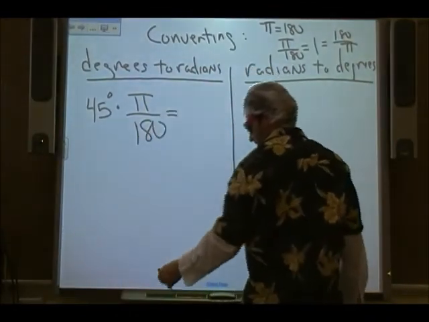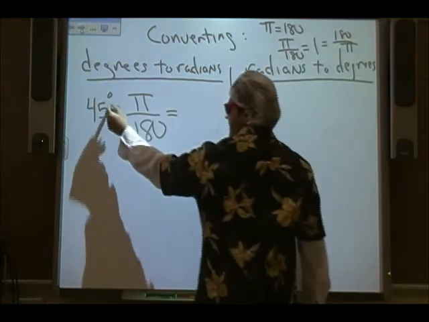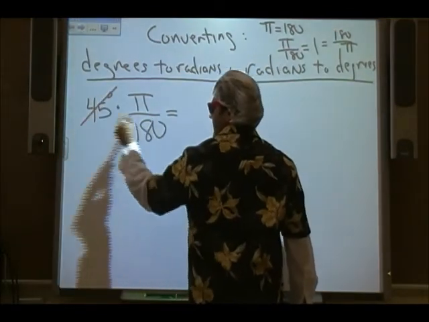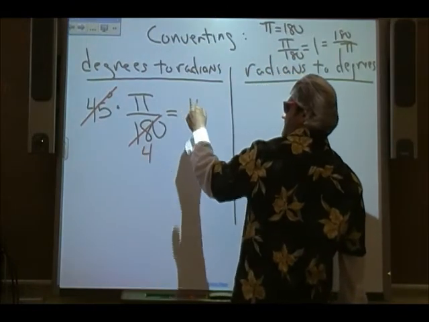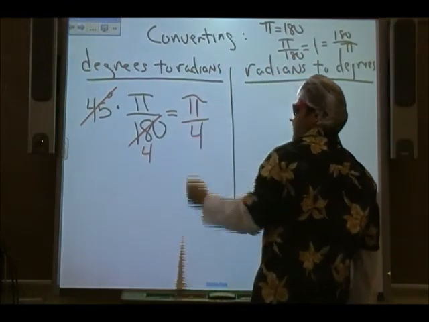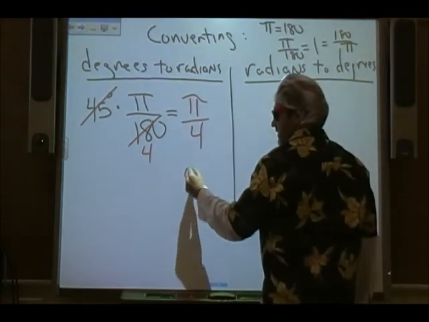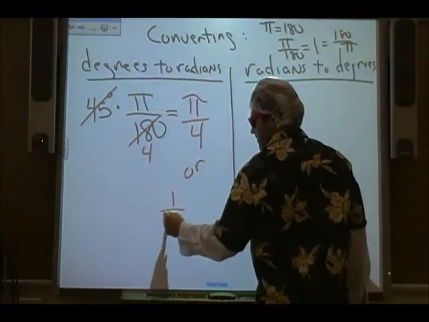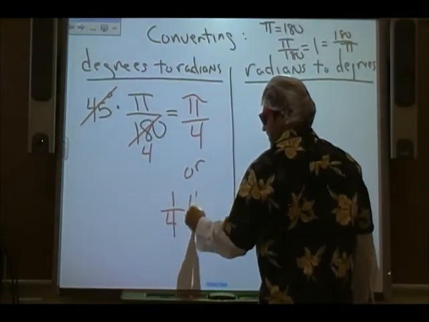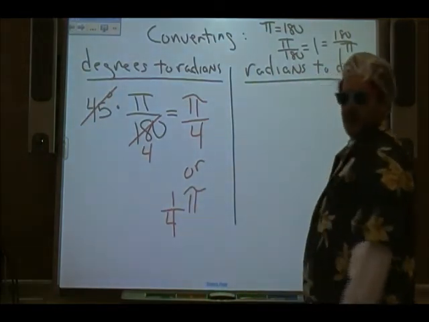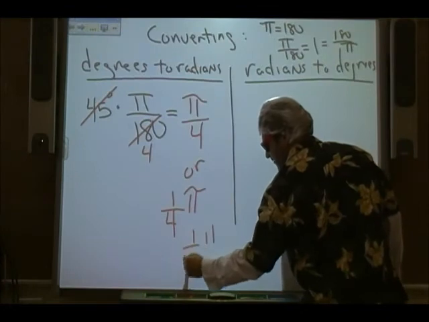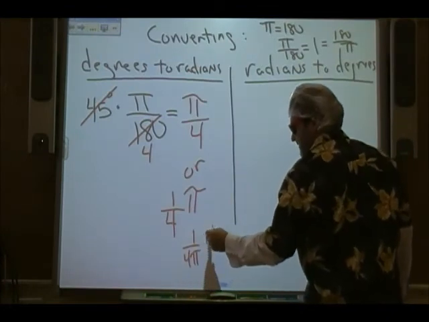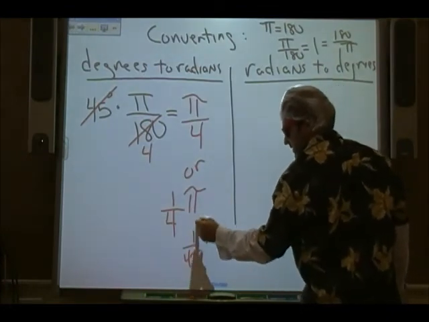And if we write it, you can see that 45 cancels into 180 4 times, and my answer is pi over 4. Or you could also write it as 1/4 pi. But please do not write 1 over 4 pi. Do not write that. This is wrong.